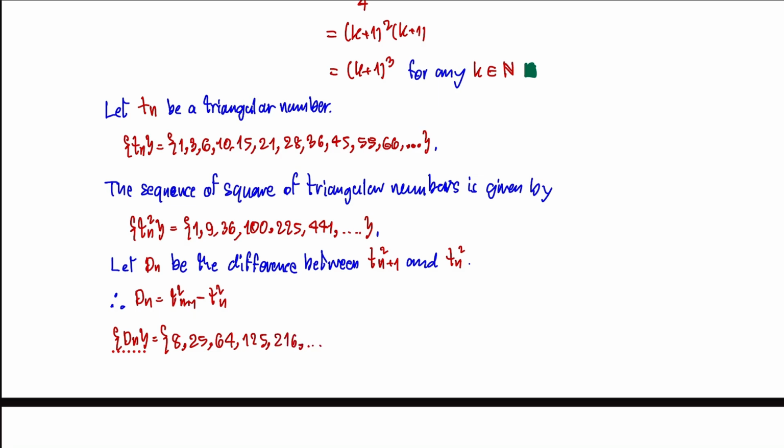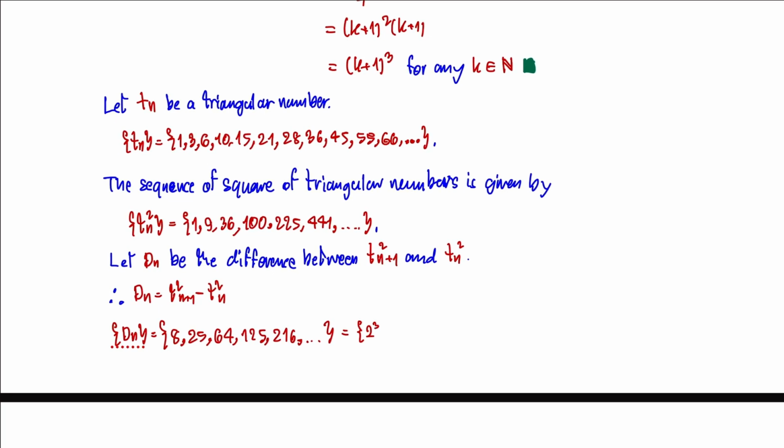And so on. As you can see, 8 is 2 cubed, 27 is 3 cubed, 64 is 4 cubed, then 5 cubed, 6 cubed, and so on.